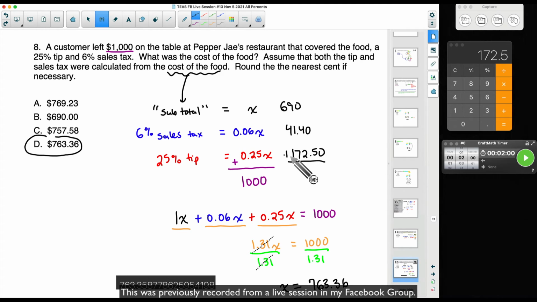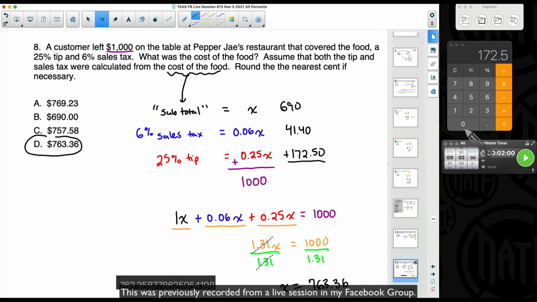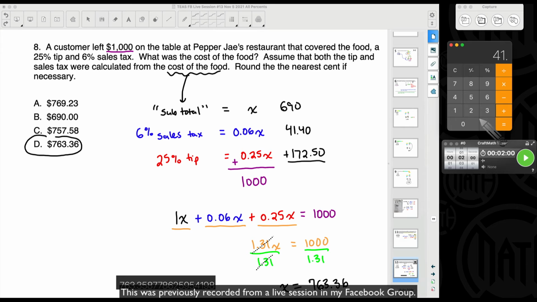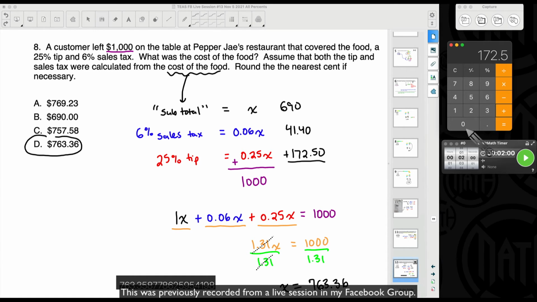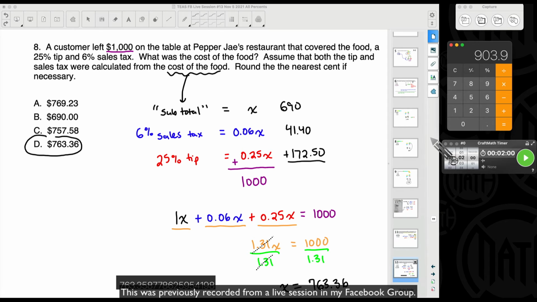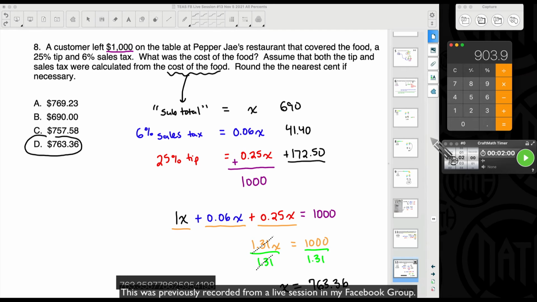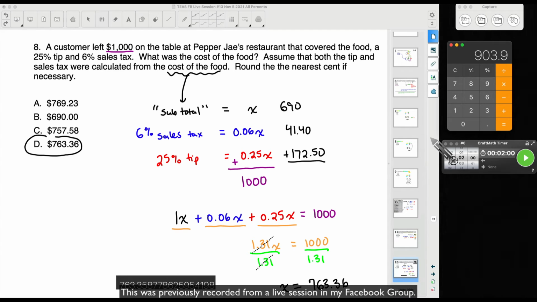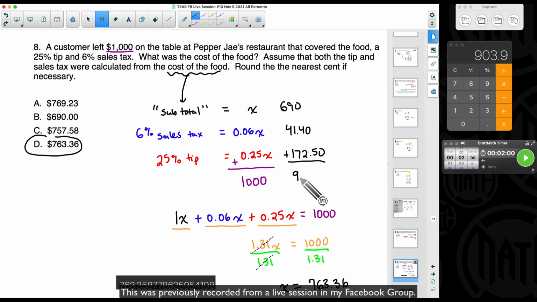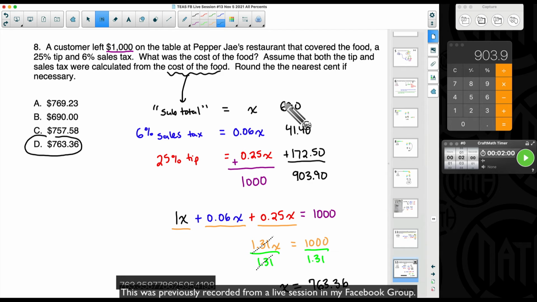If you add these up, you will not get $1,000. Let's see what we get. 690 plus 41.40 plus 172.50. If I did this right, notice that's not $1,000. And this is just like that problem. If y'all search the Facebook group for the word restaurant, you'll see a problem very similar to this. But in this particular one, if I typed everything in correctly, you can see this is not correct.